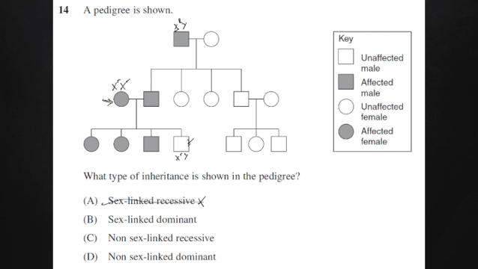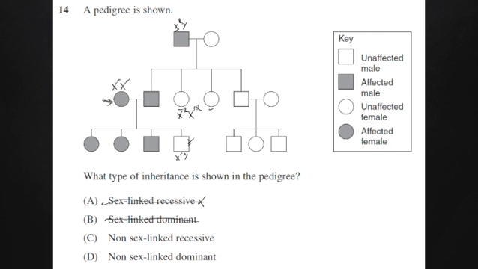So we can have a look here, and we have a daughter who doesn't have it. If it was sex-linked dominant, this would look like capital R. And it doesn't matter whether it was a lowercase or an uppercase from the mum, she would still have that dominant allele from the father. We don't see that in this case. So sex-linked dominant, we can get rid of that one there. So by process of elimination, we've gotten rid of two.